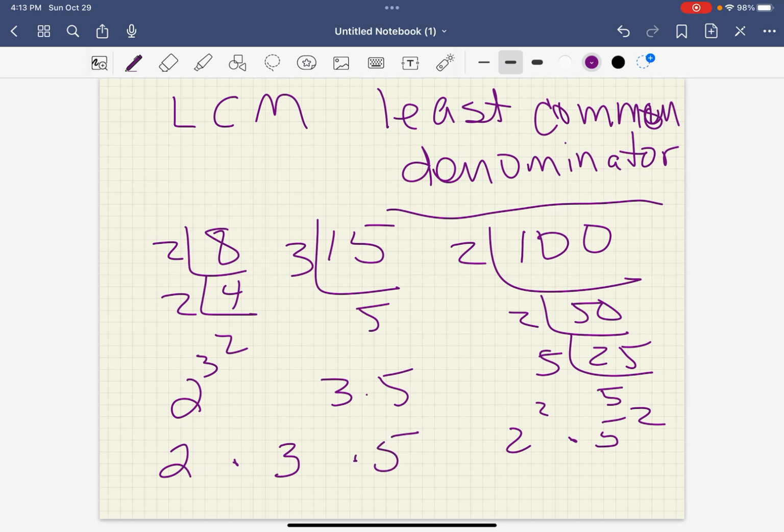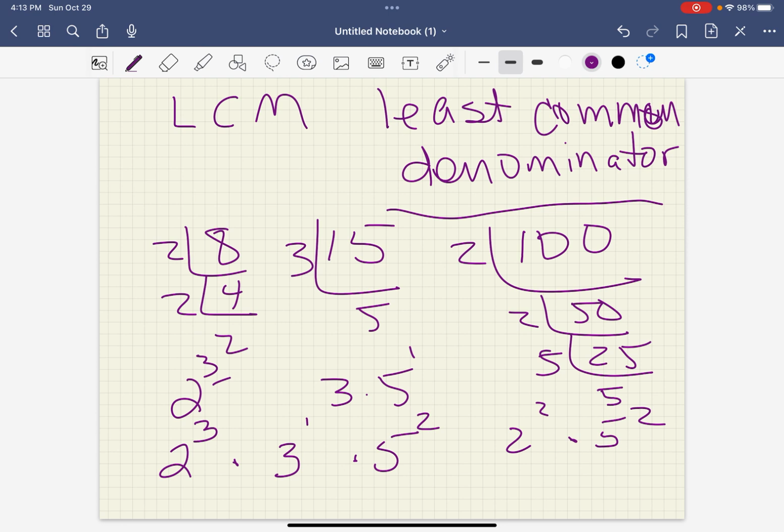And we have to take the greatest exponent on any one of those. So the greatest exponent on the 2 would be this one, the 3. The 3 is only there once, so it's just 3 to the 1. And then the 5 is here once, here twice, so the bigger of the 2 is squared.